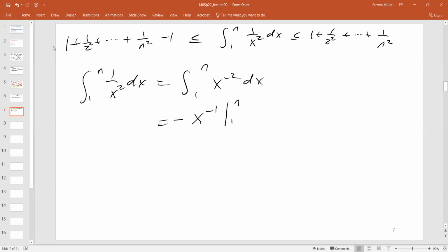I could evaluate it directly, but I just want to remind everybody that if you have a negative sign in front of it, that's the same as flipping the order in which you evaluate. So this is the same as x to the negative 1 from n to 1. And I'll just do it both ways. So here, I would get negative 1 over n minus negative 1 over 1, or 1 over 1 minus 1 over n.